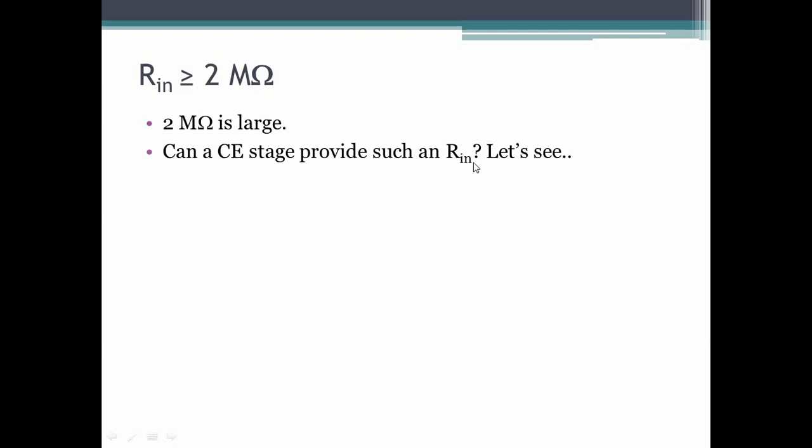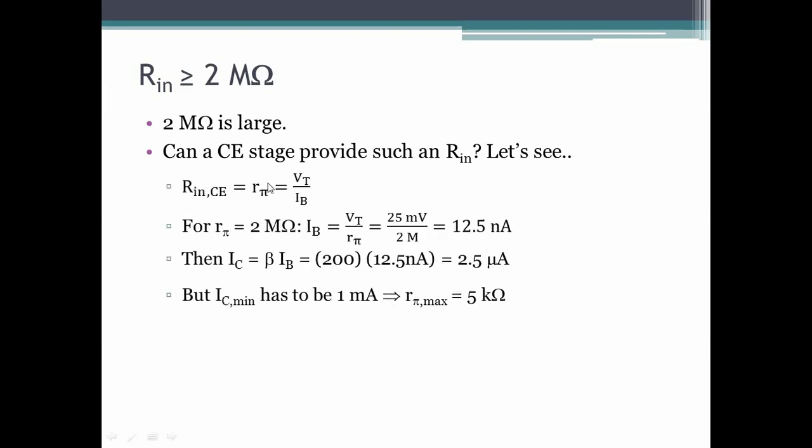The input resistance of a common emitter stage is R pi, the intrinsic input resistance, and R pi is Vt over Ib. Now we want R pi to be 2 mega ohms. So we get Ib as Vt over R pi. That's 12.5 nanoamps when we calculate this.